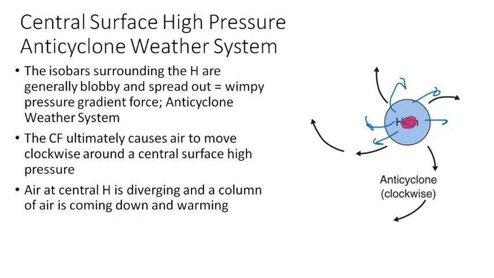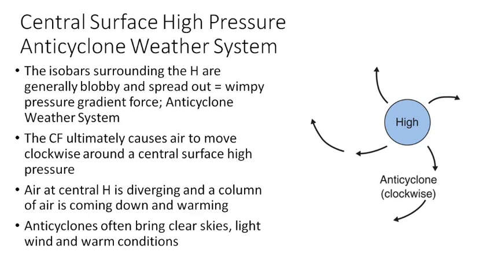I think we talked about cooling air if it rises, and if air is forced down or coming down like that, it will actually warm. And so oftentimes in an anticyclone, you have nice warm air, and that warming air will not condense, so it'll be clear, light winds. Okay, that's what we call an anticyclonic weather system, kind of these high pressures.